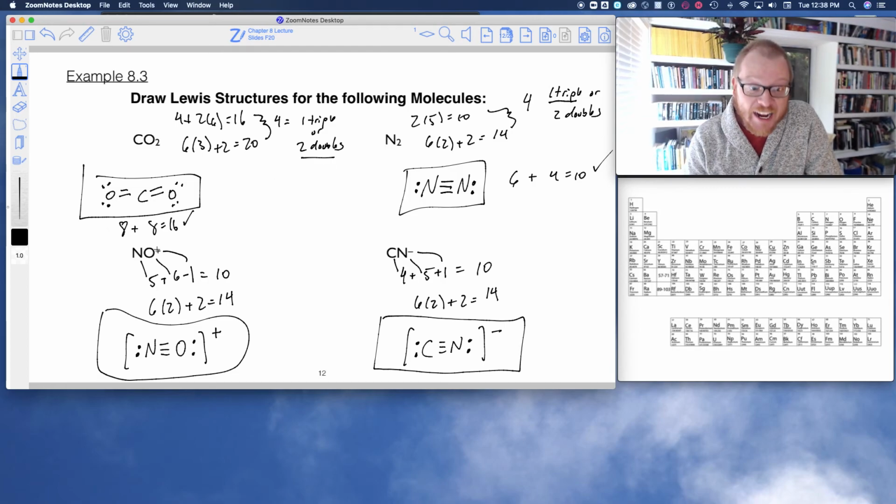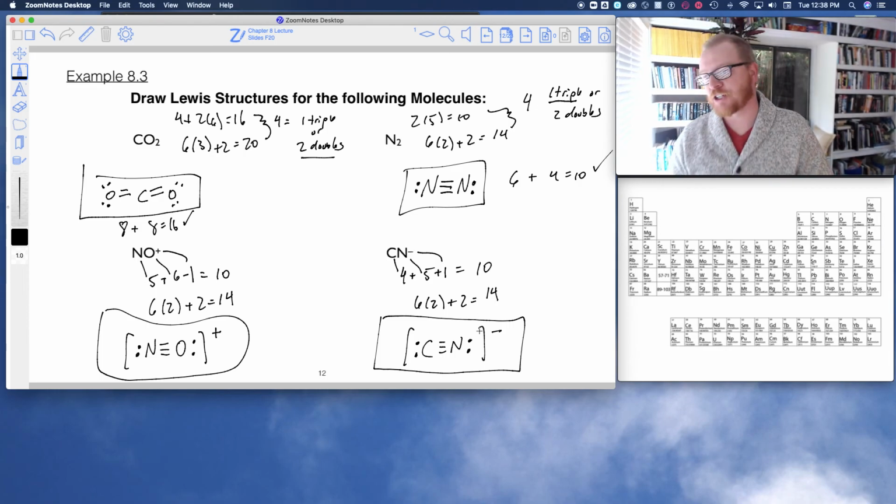When we have a cation, it takes away an electron. And in covalent molecules, okay, whether it's a cation or anion, we still put it in brackets and put the charge. If we have an anion, it adds a charge, okay? And once again, we still put it in brackets and put that charge on there.